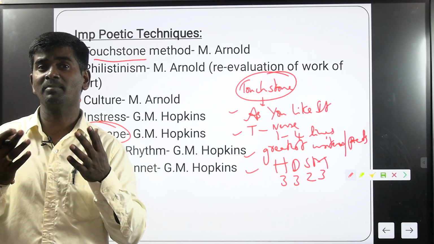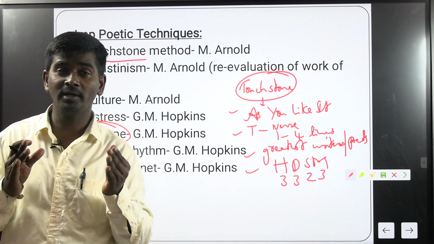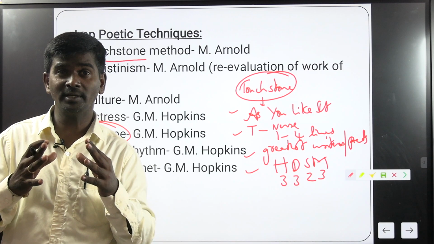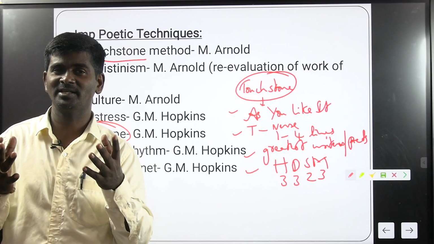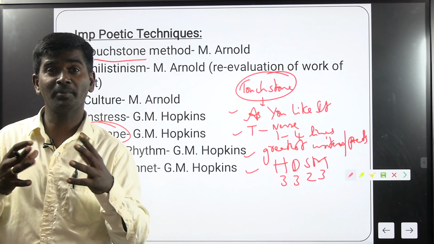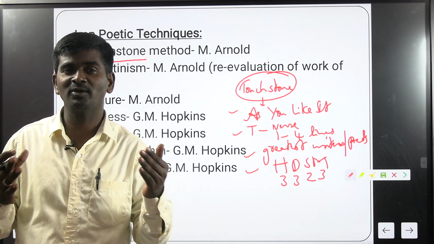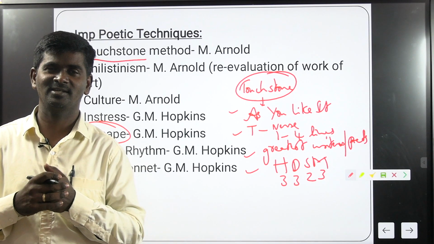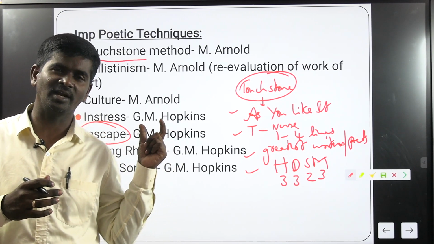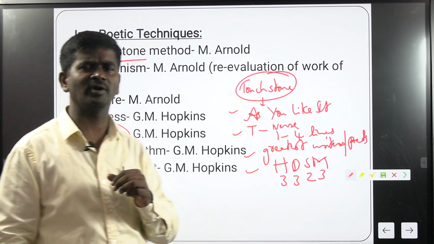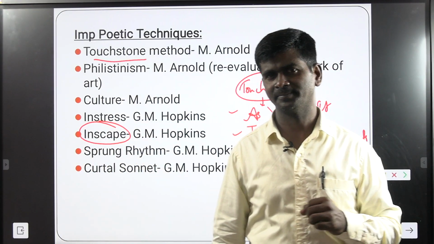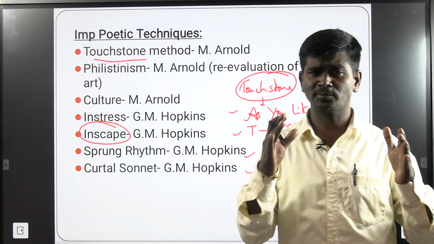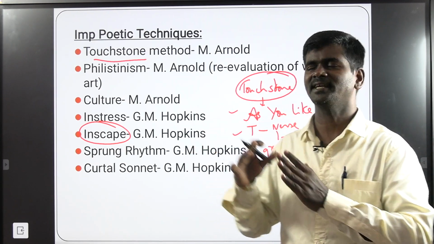The indwelling presence of God in nature. God lives in nature. God stays in nature. If you respect nature, indirectly you are respecting God. If you pray to nature, you will be able to pray to God. That is the idea suggested by Hopkins. He composed a wonderful collection of lyrics, The Wreck of the Deutschland, where he employs all these techniques.